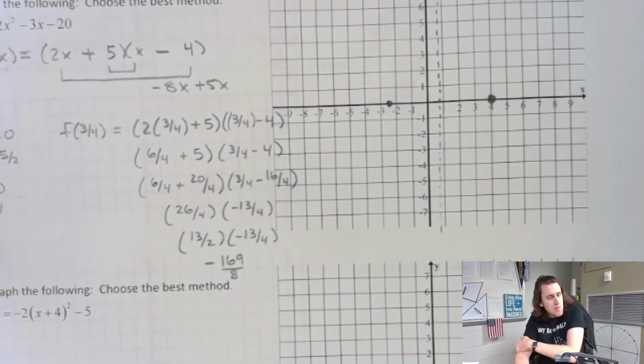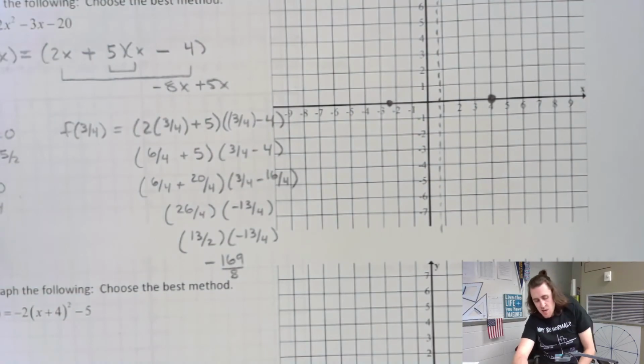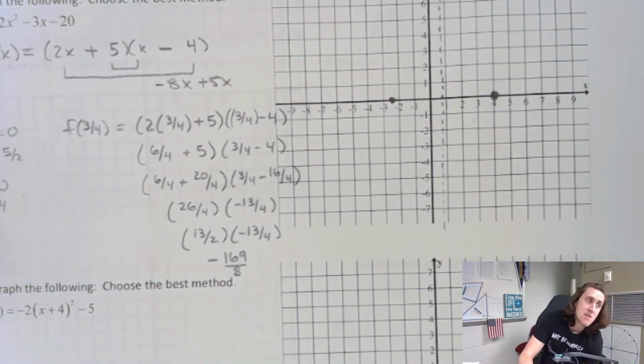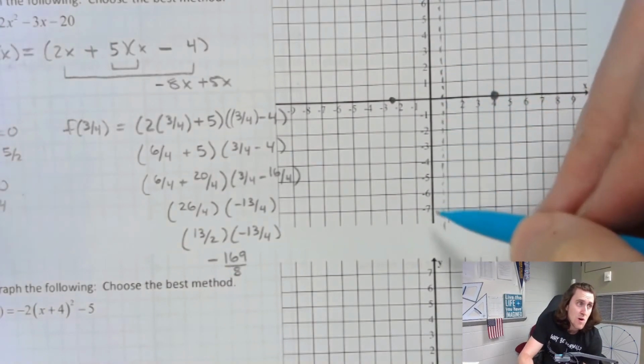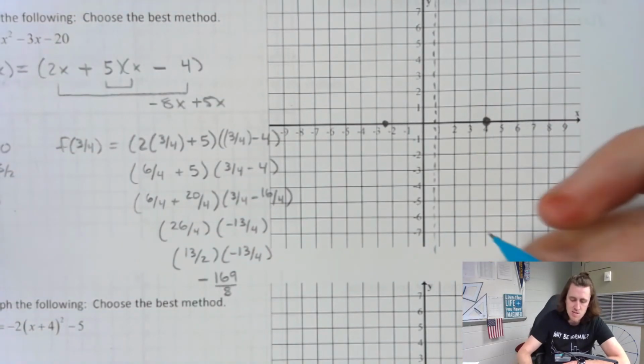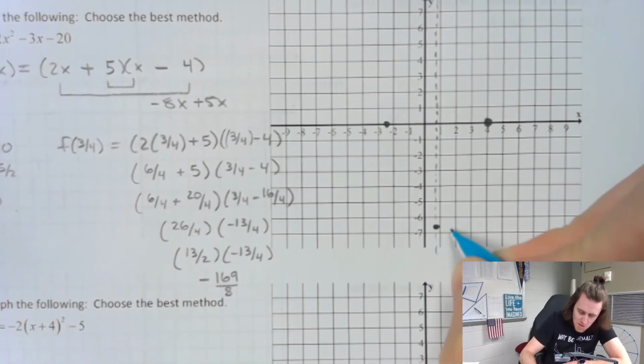That's our y value. That's going to be way off the graph, right? Because 8 goes into 160 20 times. It's like 21 and 1/8. So we're going down 21 and 1/8 on this line, which is hard to draw because our graph only goes to negative 8. So sometimes what I'll do is I'll just put a point down here and we'll label it.